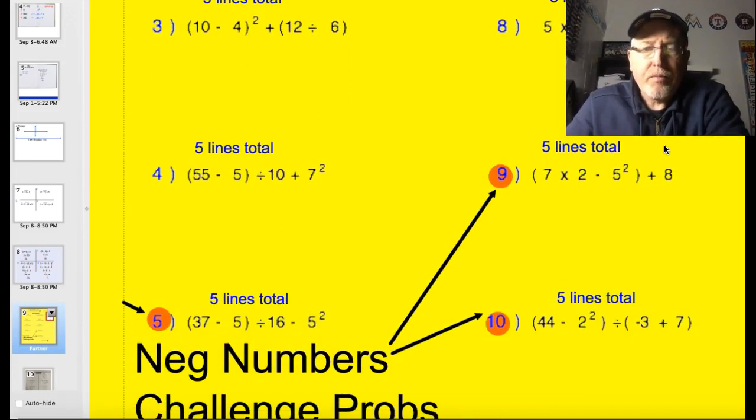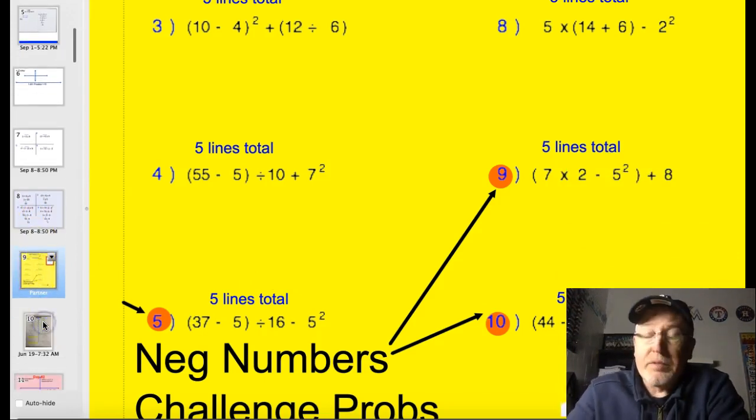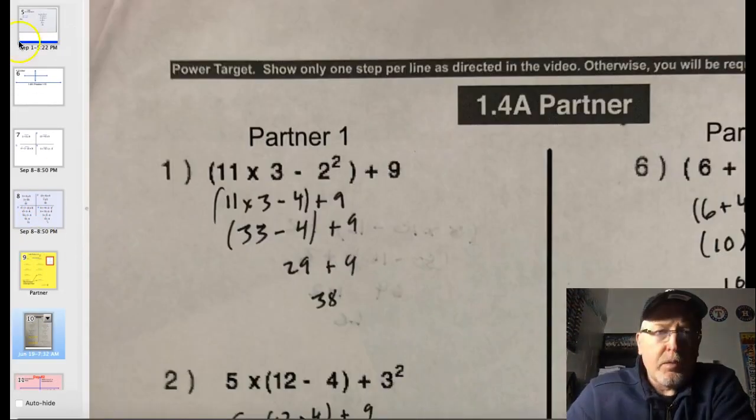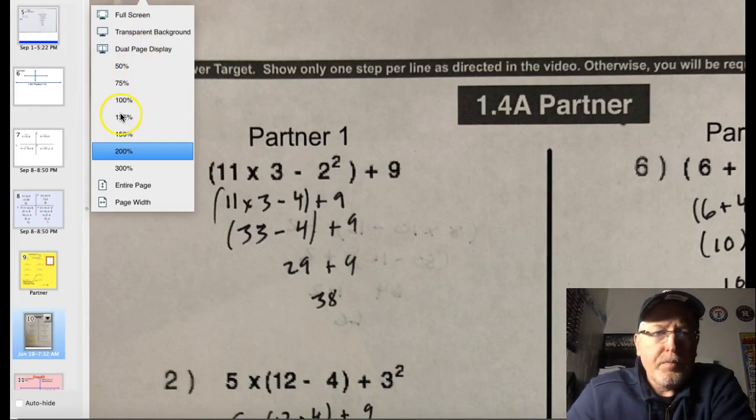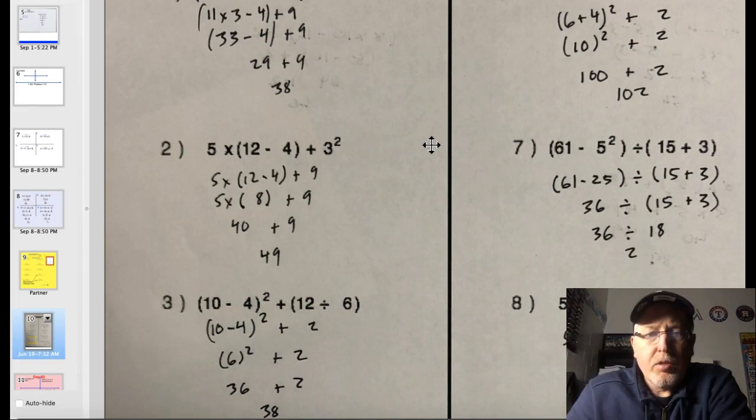There you go. Okay, let's see how you did. These ones here I just worked out myself. Let me go to a little bit smaller screen. Take a look at problems 1 and 6 there. See the steps. Problems 2 and 7.